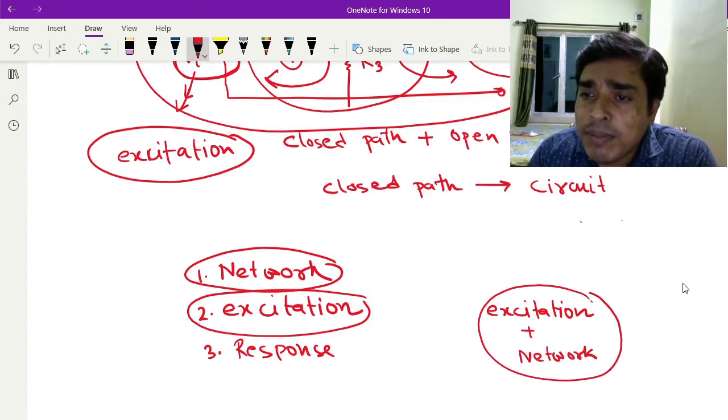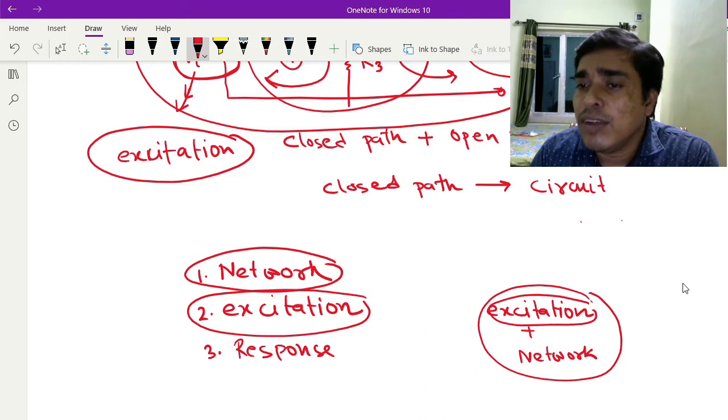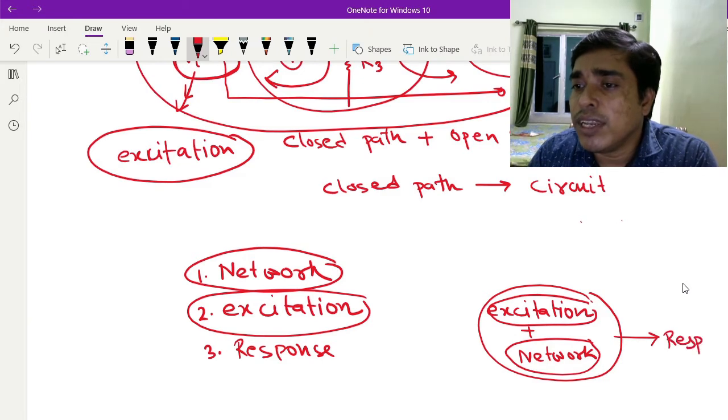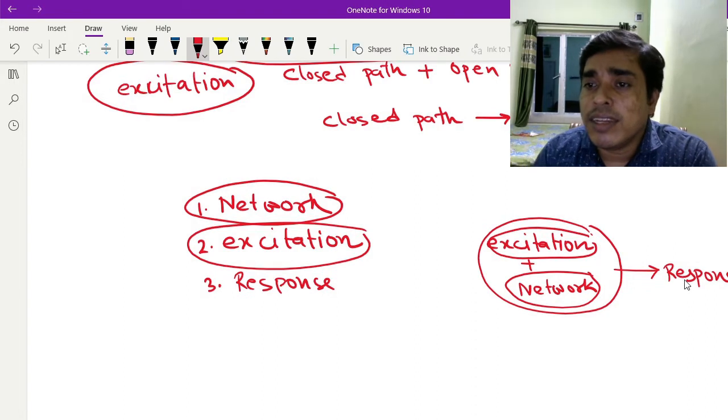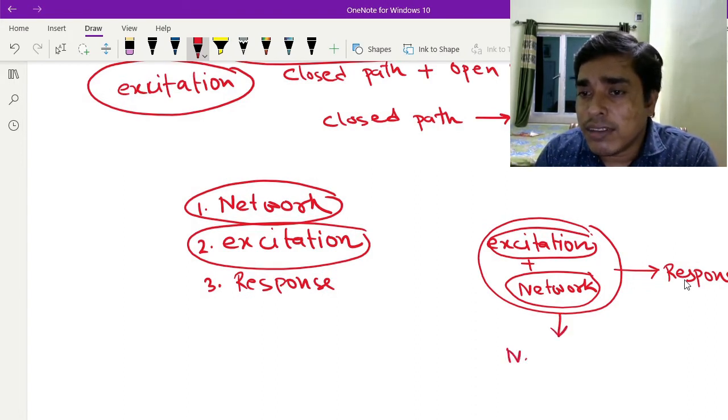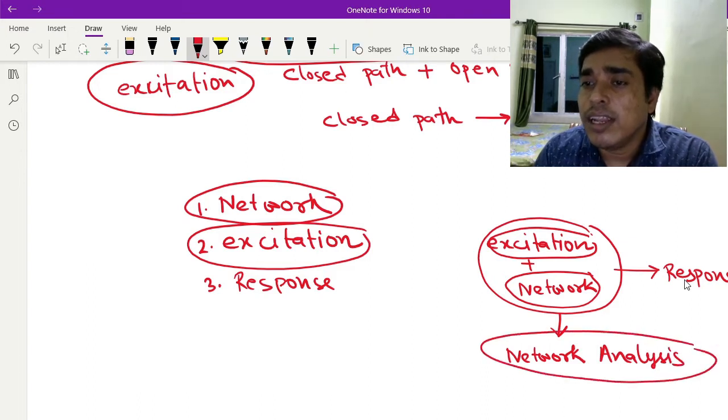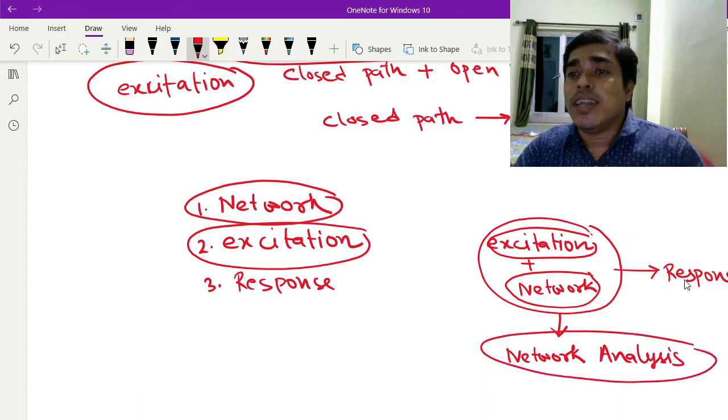So for a specific excitation and a specific network, you can calculate the response. This process is called circuit or network analysis.